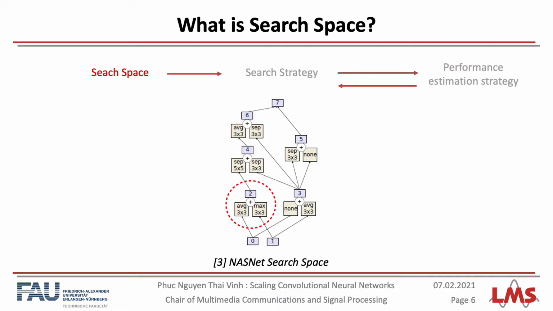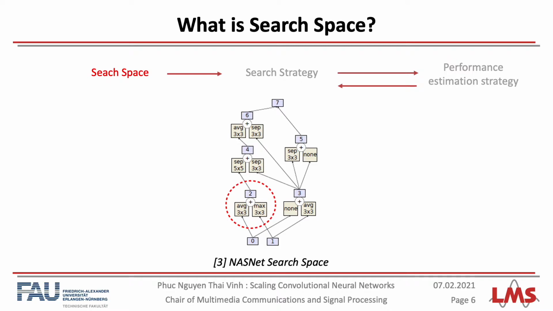The mission of the search space is that we look for the structure of this Inception-like network. As you can see, we have a lot of hidden layers, hidden states.